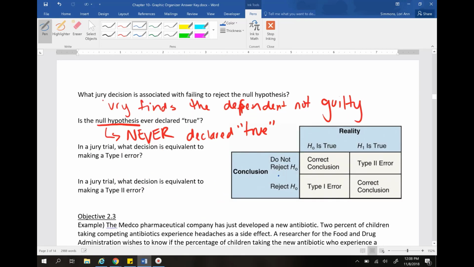So in a jury trial, what decision is equivalent to making a type 1 error? So H null, the null hypothesis, is innocent. And the alternative hypothesis is guilty.